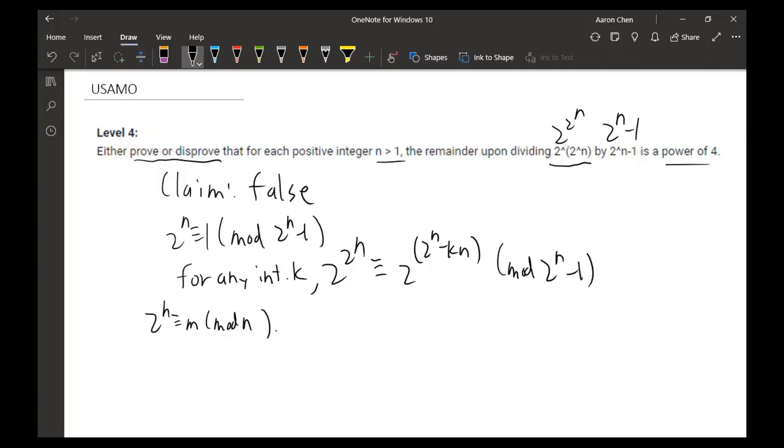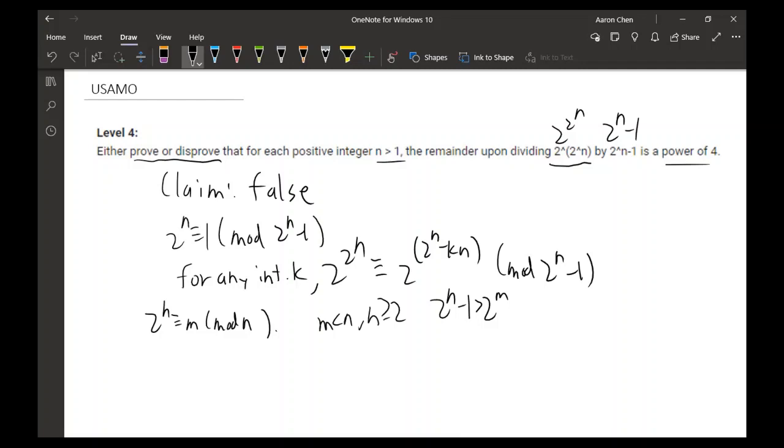Clearly m is less than n, and n is greater than 1, so n is at least 2. That means that 2 to the power of n minus 1 must be greater than 2 to the power of n, because the only way this will be false is when n equals 1 or 0.